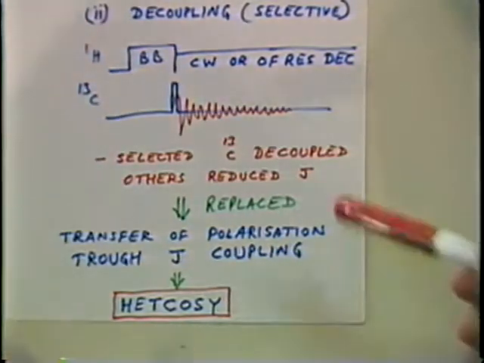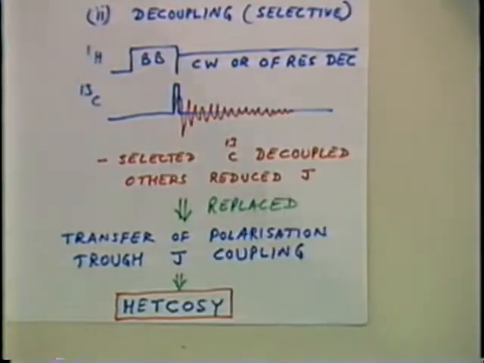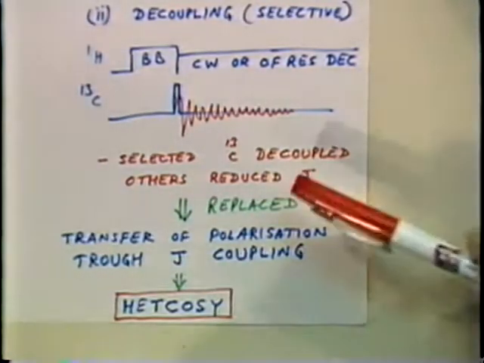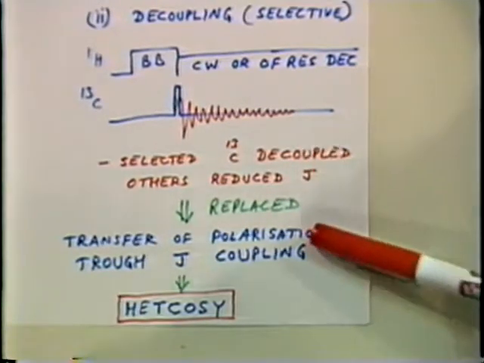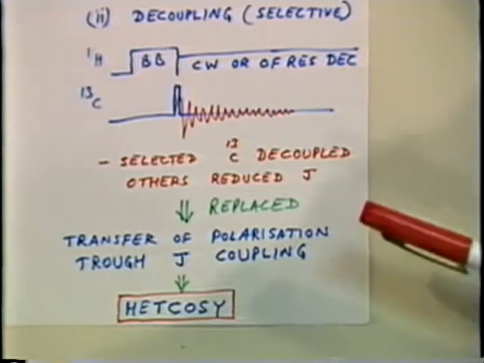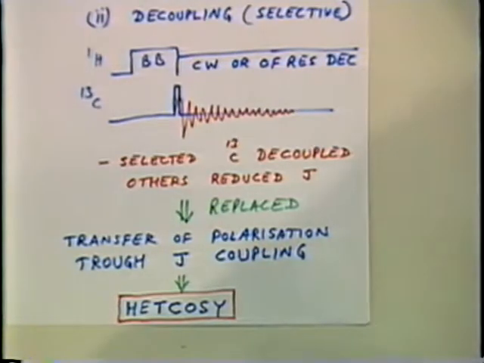This particular type of experiment, the decoupling type of experiment, is basically replaced by transfer of population through J-coupling. There are several of these experiments that have been developed which are more or less offshoots of 2-dimensional NMR, but one can do them in 1-dimensional NMR way.